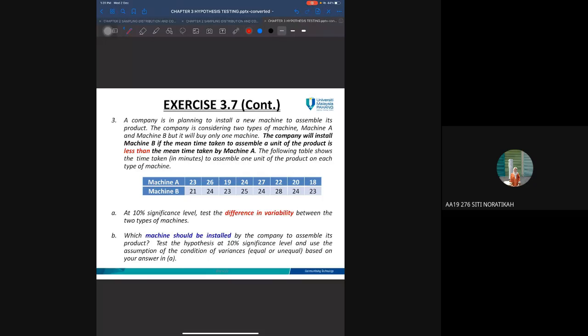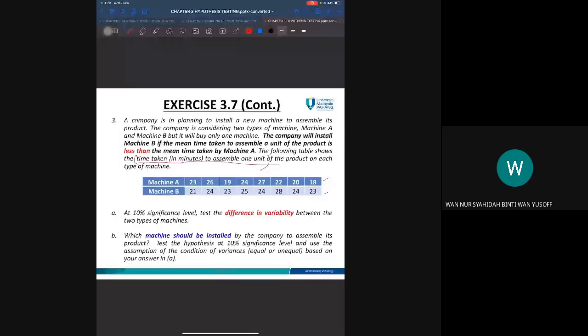The time taken to assemble one unit of the product on each type of machine. So we have a quantitative variable here, the time taken to assemble one unit. We have machine A and machine B, just a part of the product from each machine, so this is sample data.